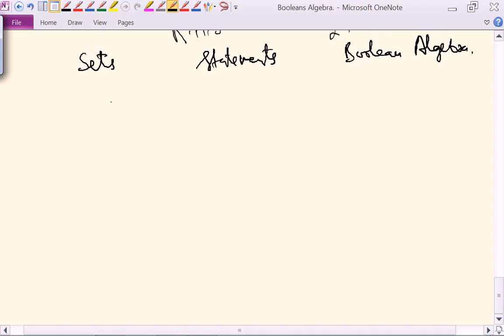Like we say A union B, this is written as OR in the case of statement P or Q, or in the case of Boolean algebra we say plus sign. Similarly, if it is A intersection B, it is basically P and Q.